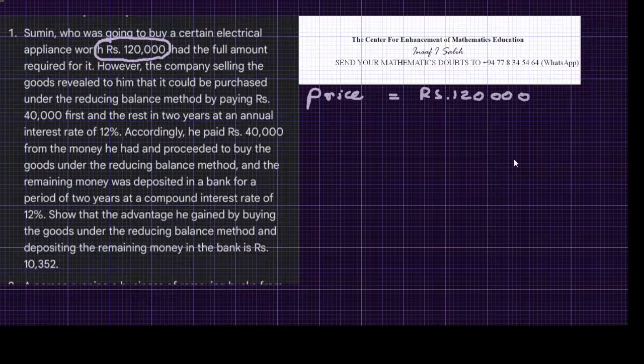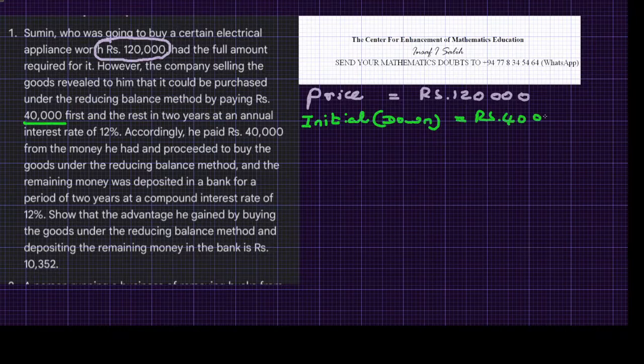He is going for a hire purchase scheme. So he is initially paying 40,000. The initial payment, or we also call that the down payment, is rupees 40,000.